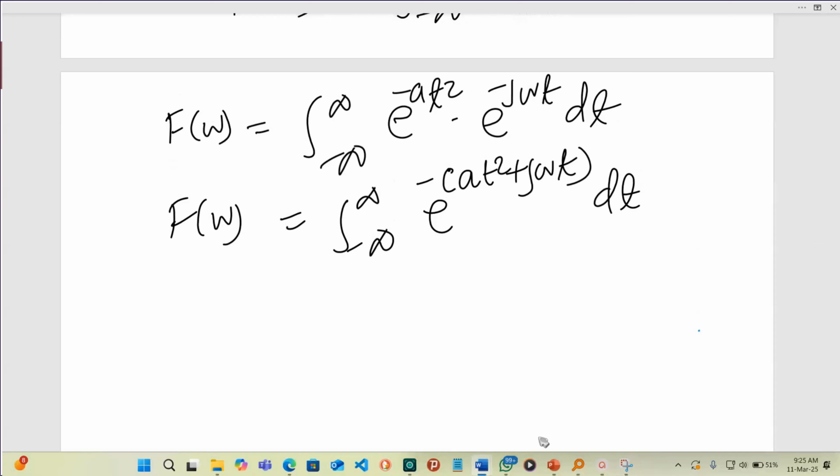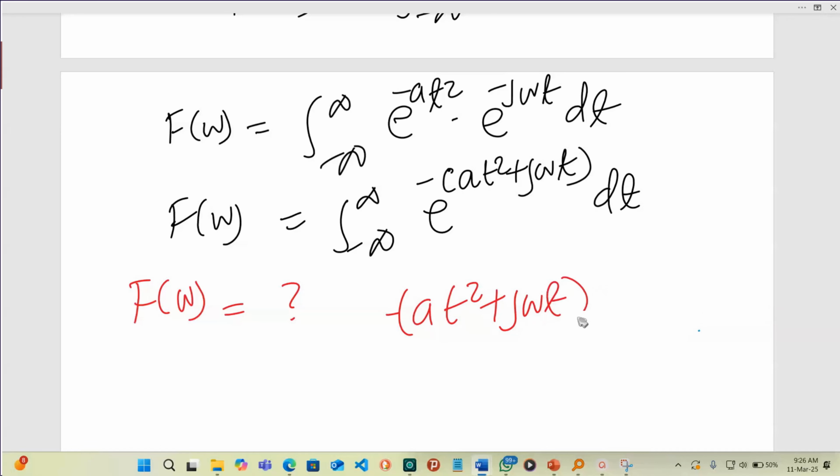Now a little more manipulation here. We are going to look at negative into a t squared plus j omega t. So what is this going to be? Let's just manipulate a t squared plus j omega t, and we do completing squares.